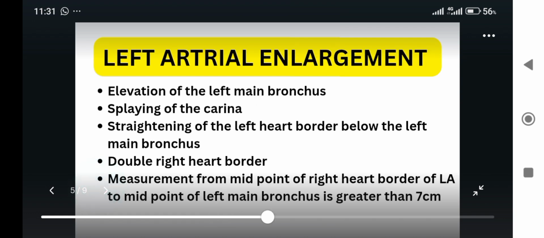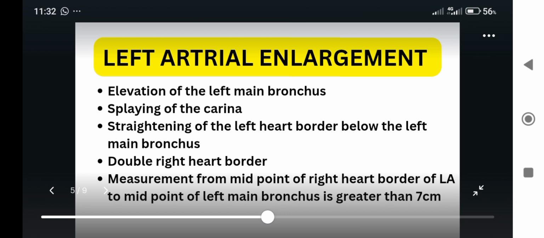So let's look at left arterial enlargement. In left arterial enlargement, there'll be elevation of the left main bronchus. We'll see that in a moment. There is a splaying of the carina. Then there is the third one, a stretching of the left heart border below the left main bronchus. Then double right heart border sign.